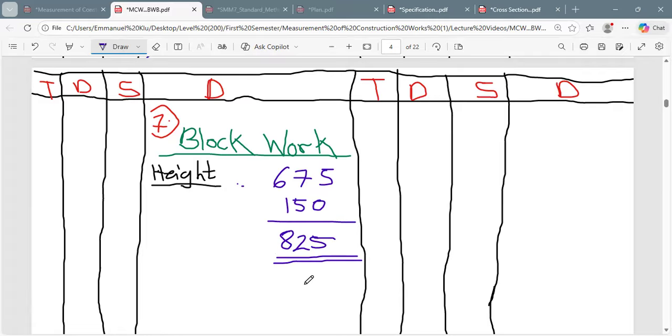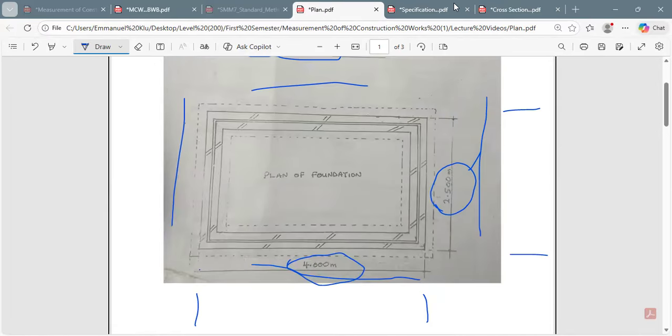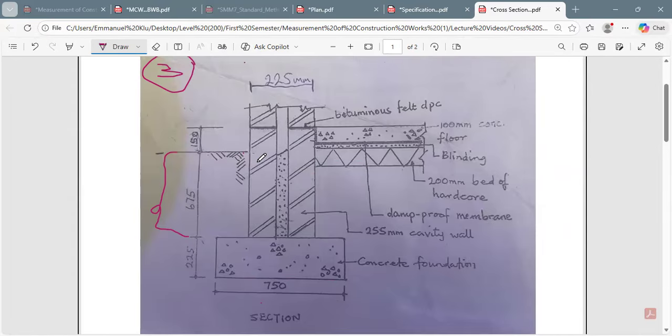So the 150 is the what? The excavation that they did. So the 675 is the height of the block wall, plus the 150.